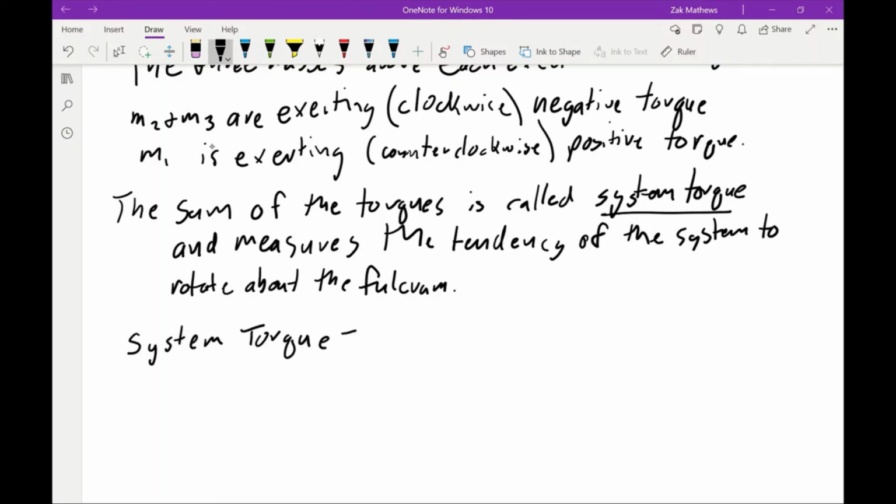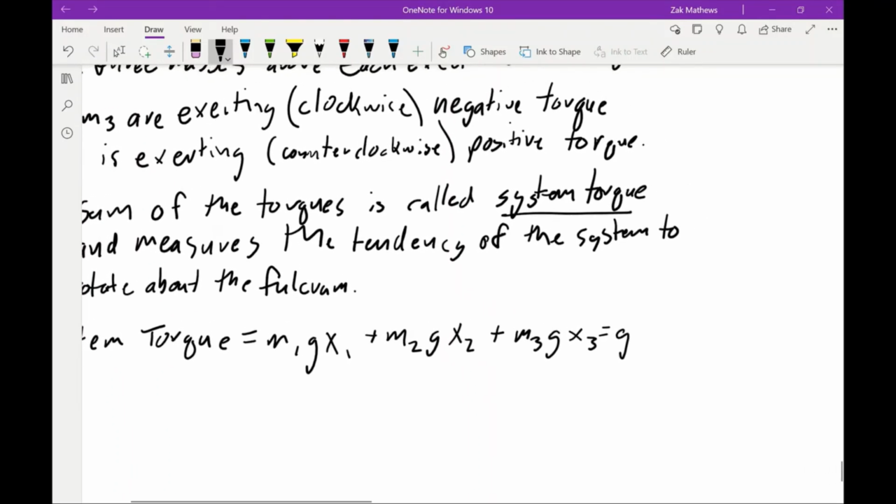The system torque is equal to mass 1 times gravity, which is the force, times x1, plus mass 2 times gravity times x2, plus mass 3 times gravity times x3, which, notice, we can factor out the gravity, and we would be left with m1 x1 plus m2 x2 plus m3 x3. Gravity here is called a feature of the environment.